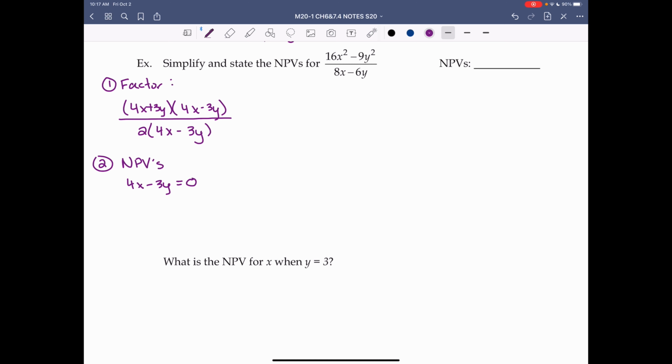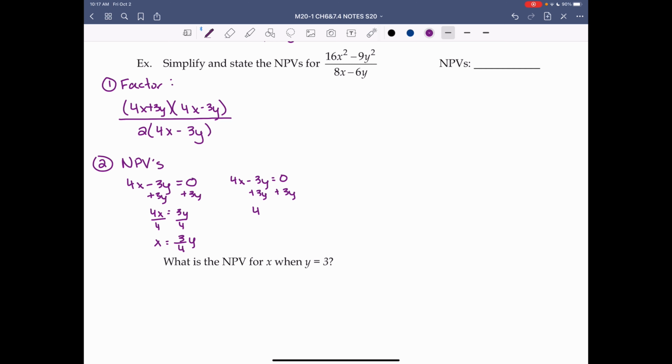So let's say that we start by looking for the x value. We're going to add 3y to both sides. We get 4x equals 3y. Divide by 4, divide by 4. We get x is equal to 3 over 4 y. And then if we solve for the y value instead, 4x minus 3y equals 0, we're going to, again, add 3y.